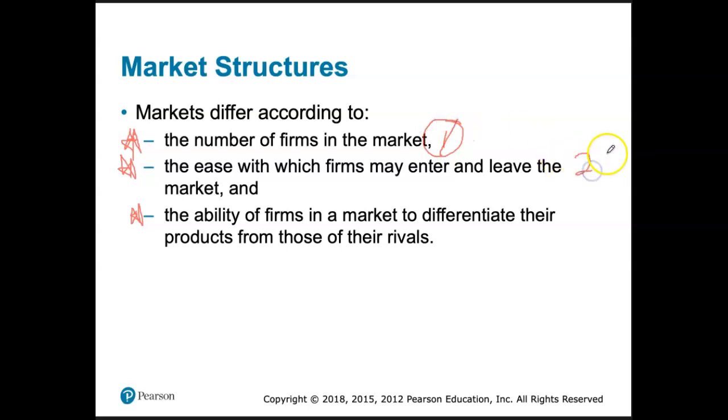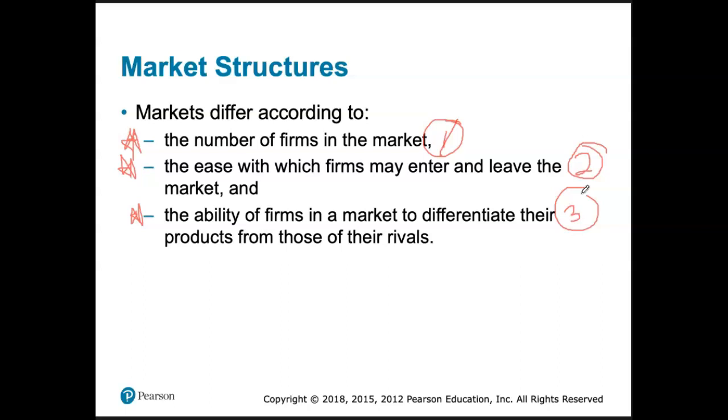Looking at these 3 things, we can basically see what a monopoly, oligopoly, perfectly competitive, and monopolistically competitive firm are, and we can designate these markets based on these 3 factors.